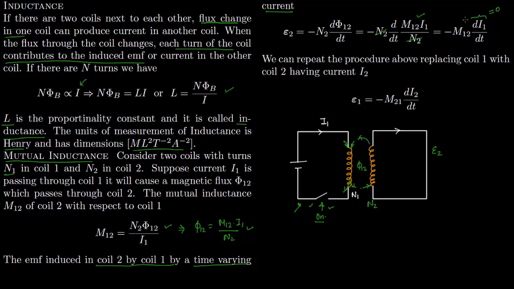Generally M12 and M21 are the same because the material is the same. These are ideal solenoids or ideal coils. So we can generally write E1 as minus M dI2 by dt and E2 as minus M dI1 by dt.